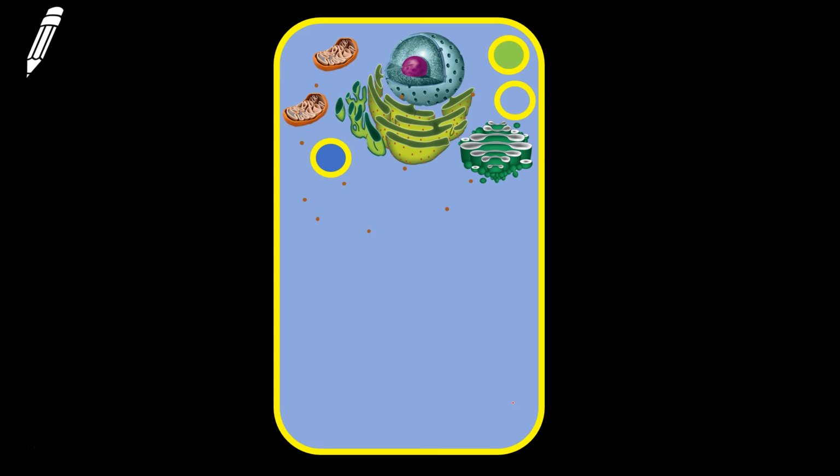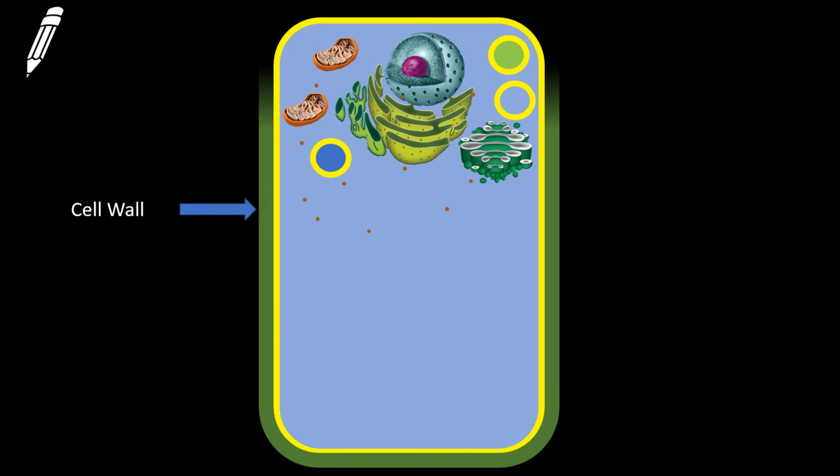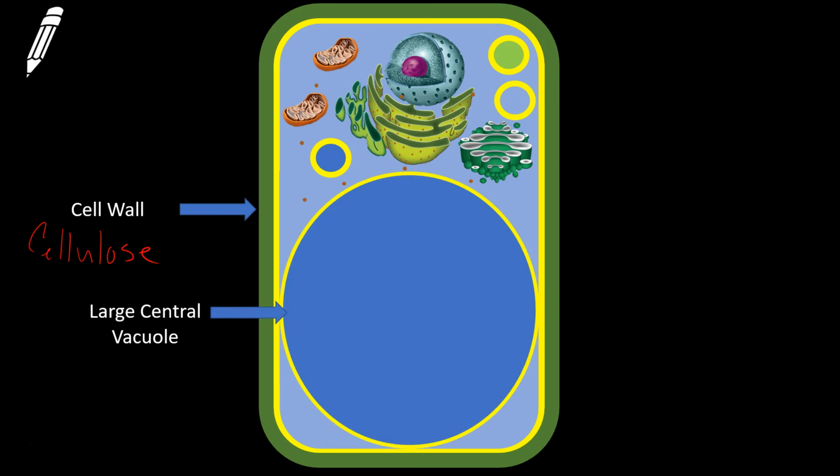Okay? And lastly, if we go ahead and recap, the first thing that we talked about was the plant cell wall. It's this outer layer, this outer rim outside of the plasma membrane, and the cell wall is made up of cellulose. Cellulose is indigestible fiber. Next, we talked about the large central vacuole.